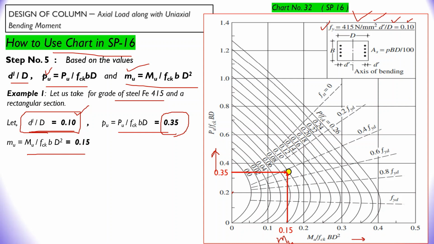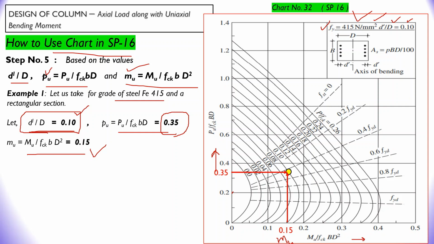And another parameter is Mu, which here we have as 0.15. You can see along the x-axis the denominations given are 0.1, 0.2, 0.3, 0.4 like that. So somewhere here 0.15 will exist.